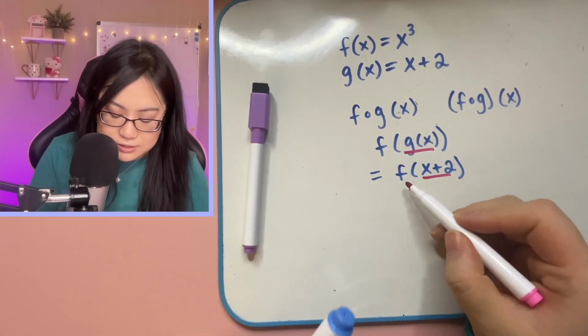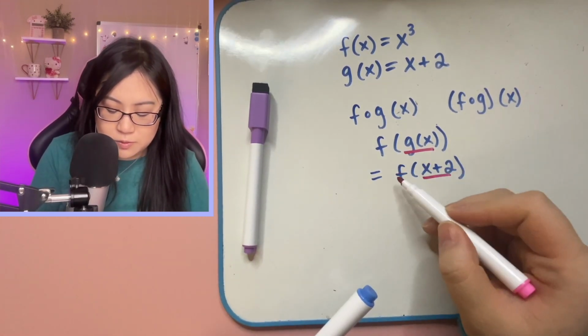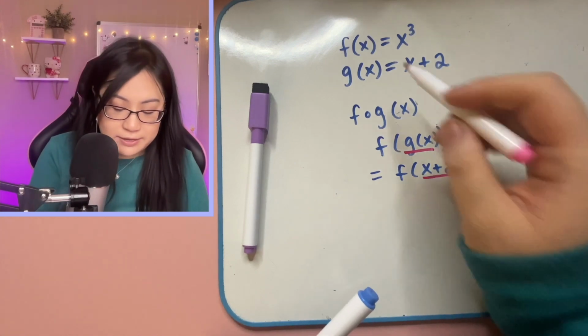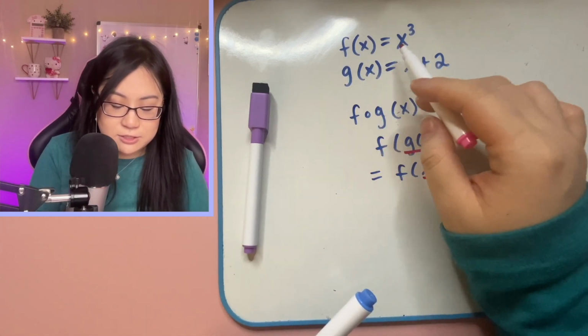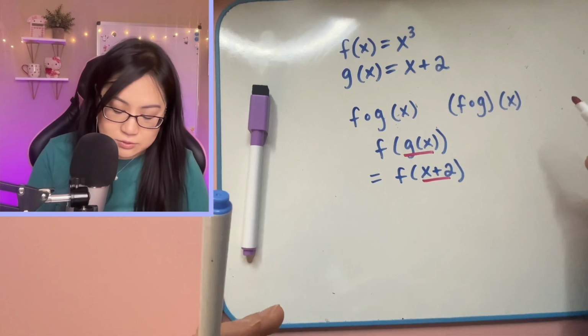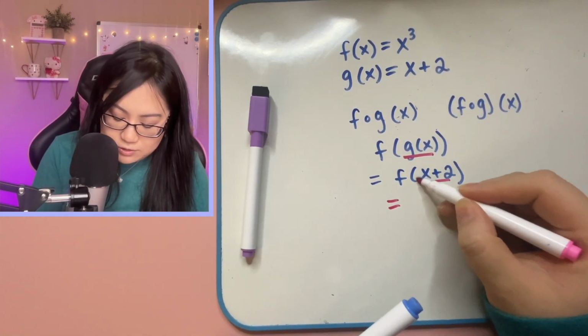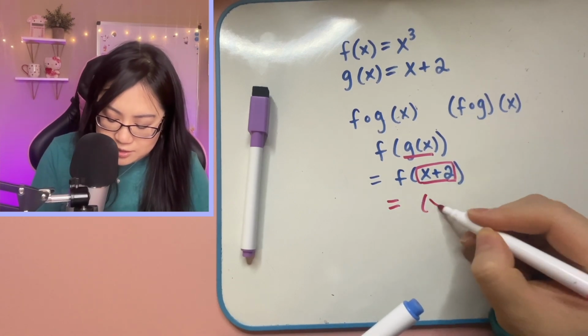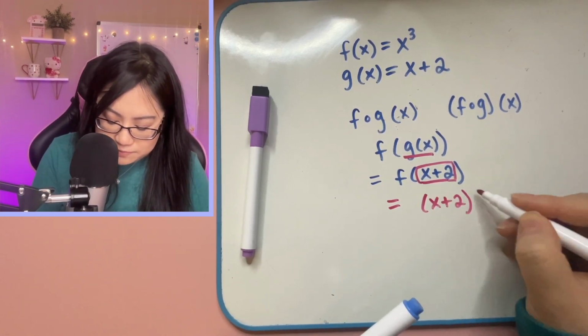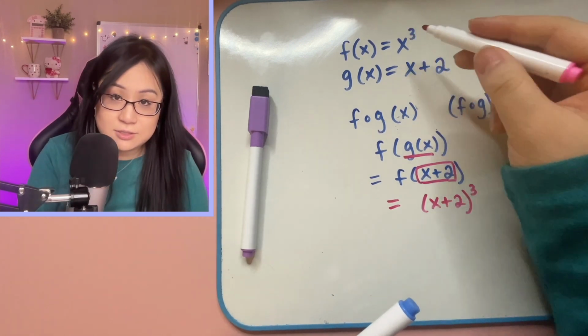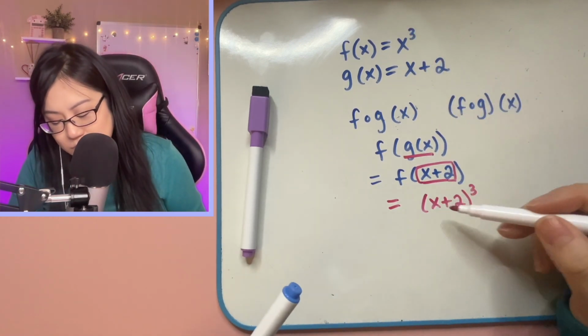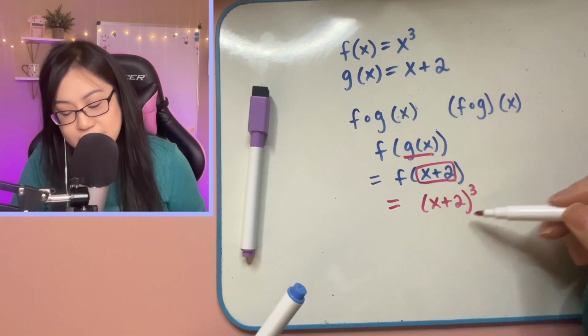Okay, so just a direct substitution there. And now what this says is I'm going to put this x plus 2 as an input into f. And f says to cube the x, or the stuff. So in this case, I'm going to take this whole entire thing and cube that input. So this would be our f of g of x.